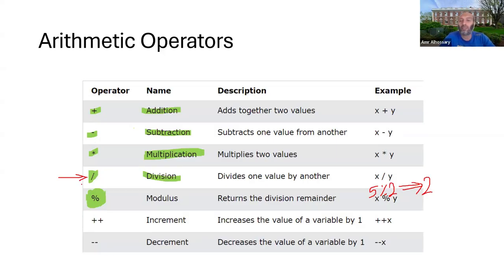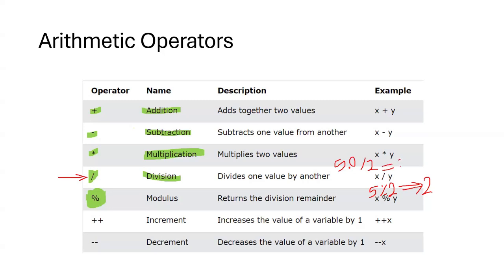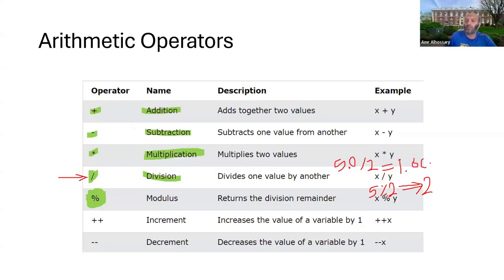This is the decimal division. 5.0 over 2 equals, this is the one which we all know, 2.5, right?